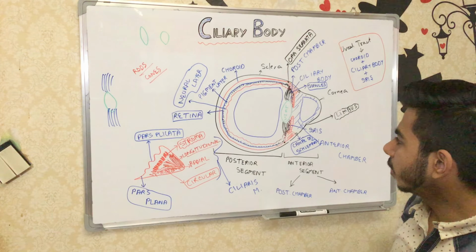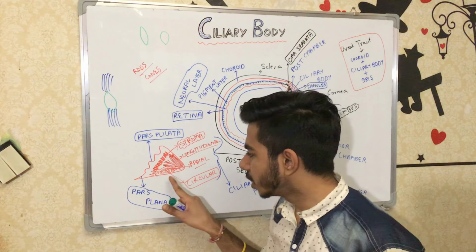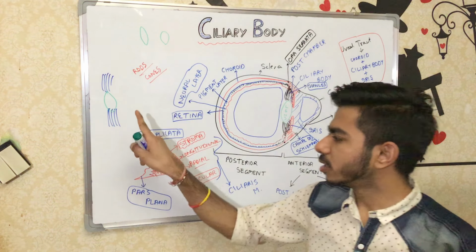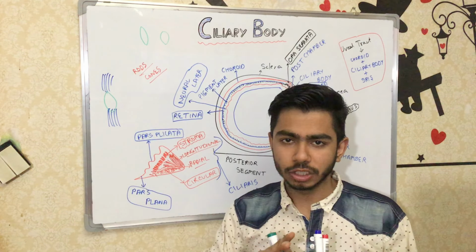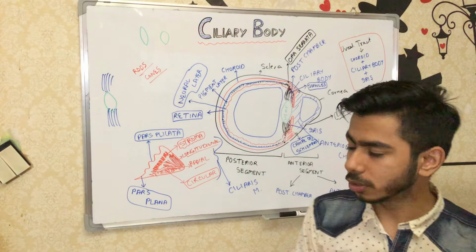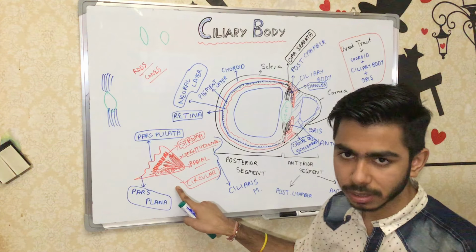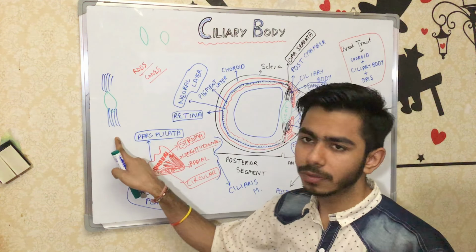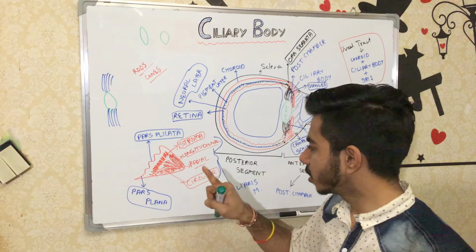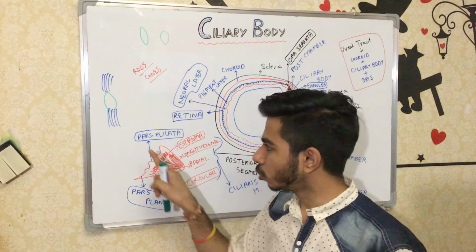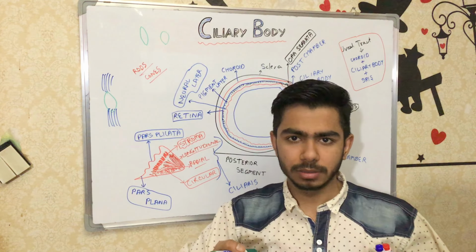So the mechanism of the ciliary muscle and the suspensory ligaments or zonules is actually reverse, opposite. Whenever ciliary muscles contract, the zonules relax, and whenever the ciliary muscles relax, the zonules contract, right?